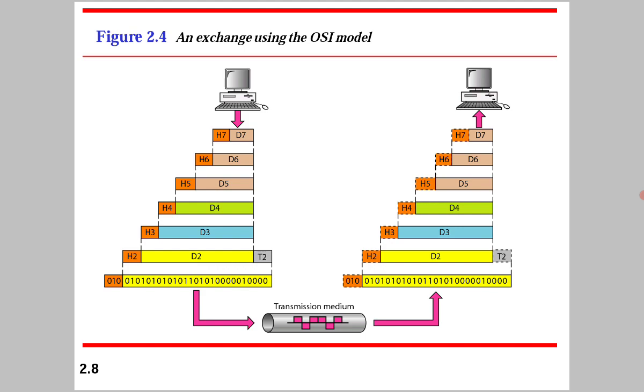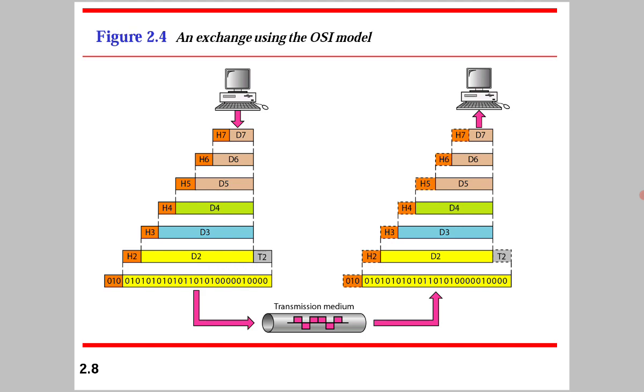In each layer the transmission generally takes place in two parts. In the first part there is a header, like H1, H2, H3, H4, H6, and the second part contains the data or information. So the syntax of the data frame is like this.